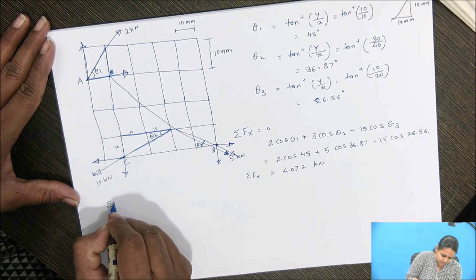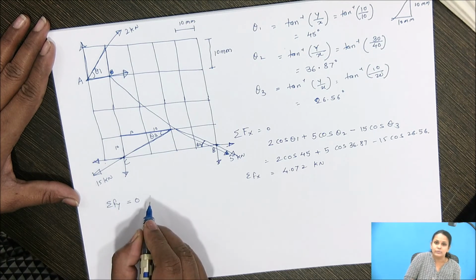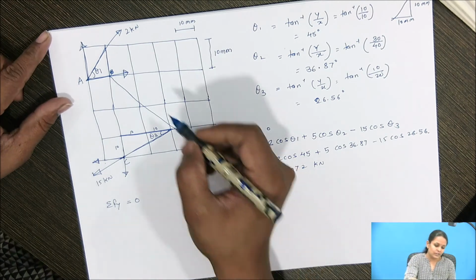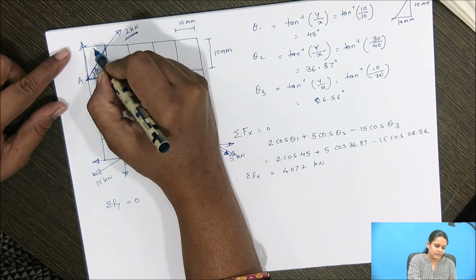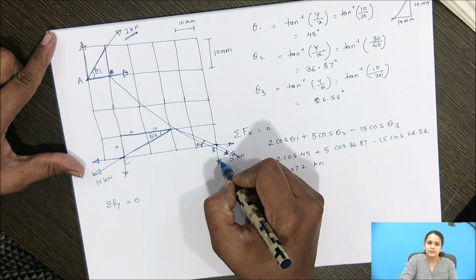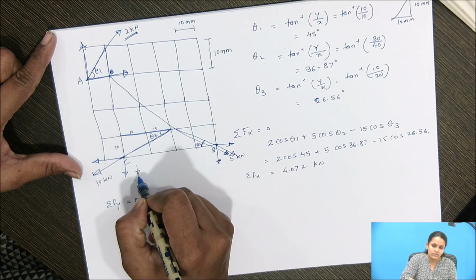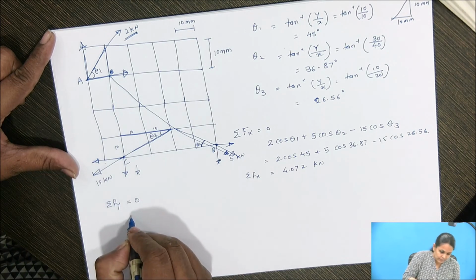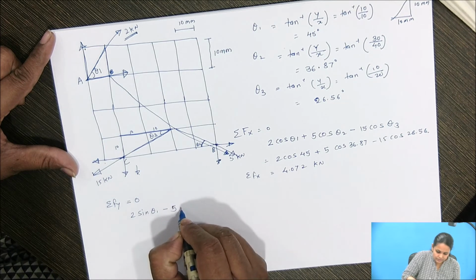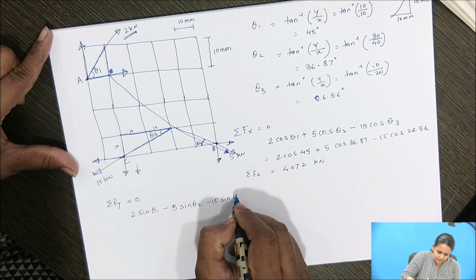Accordingly we have to calculate summation f of y. So summation f of y is equal to 0, which will be the equilibrium condition. So if you see here, only the vertical component of this 2 kilonewton force is acting vertically upward, so it will be positive, and remaining two components for 5 kilonewton and 15 kilonewton, those are acting downward direction. Okay, so these will be negative. So here it is 2 sin theta 1 minus 5 sin theta 2 minus 15 sin theta 3.